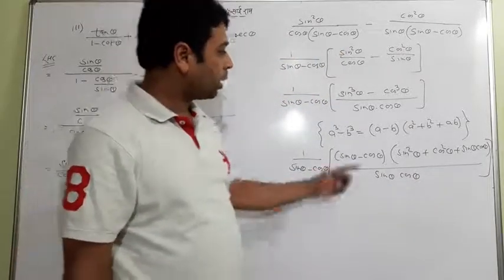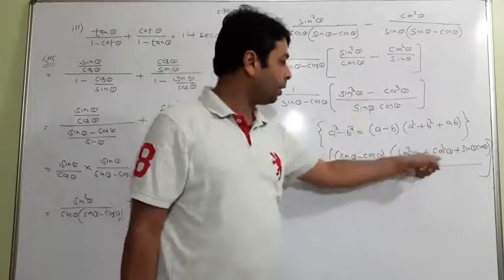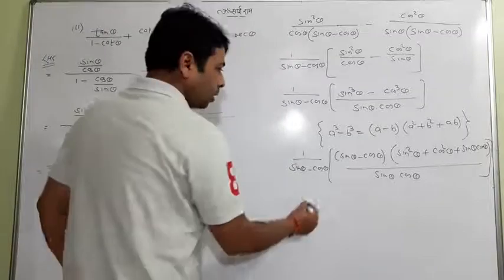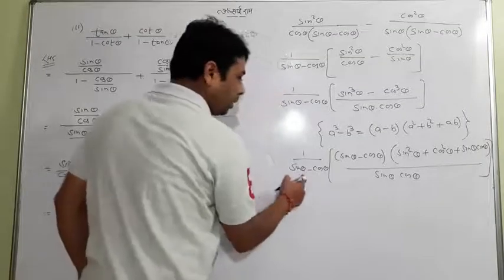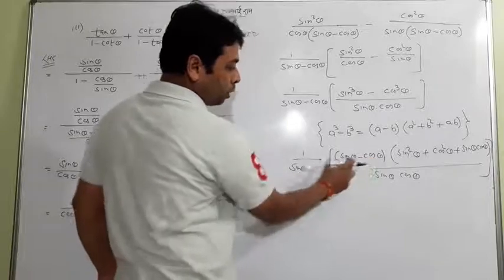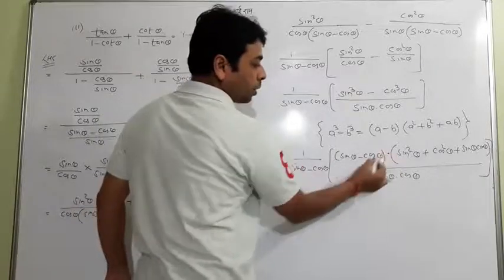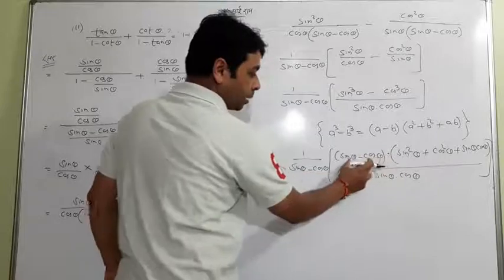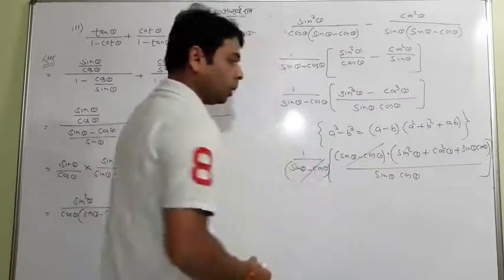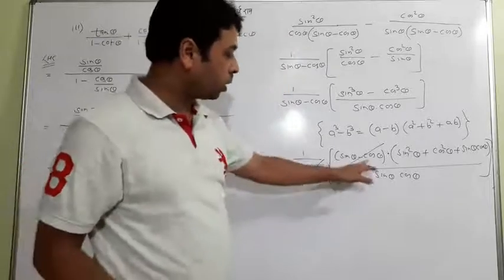Now student, what I used, a cube minus b cube applied here, a minus b, a square plus b square plus ab. Now what is next? 1 upon sin theta minus cos theta and sin theta minus cos theta, both look the same, and it is multiplication. So when the terms are in multiplication and both look the same, both can cancel with each other, because one is in the numerator, one in the denominator.